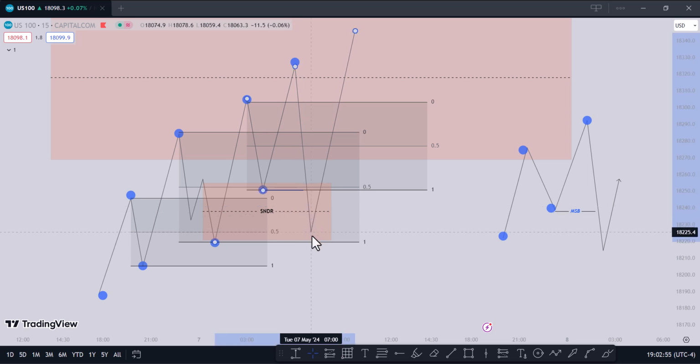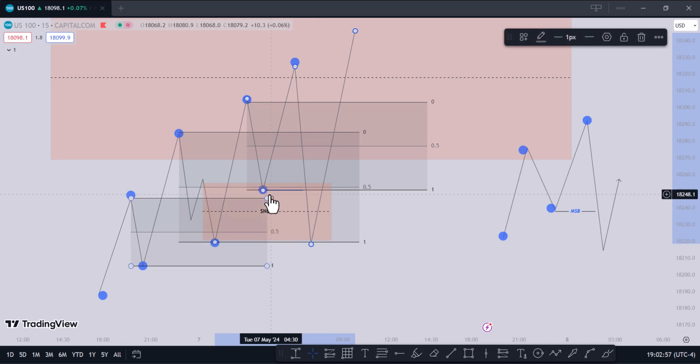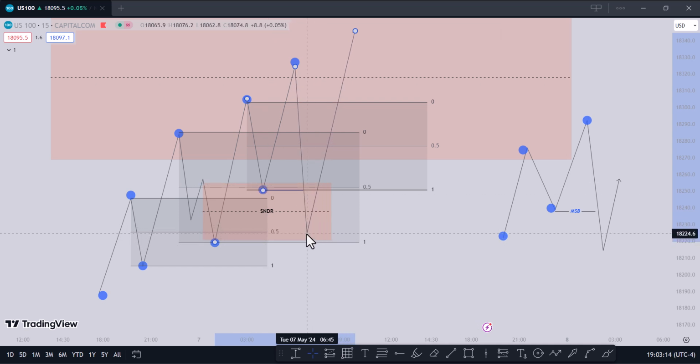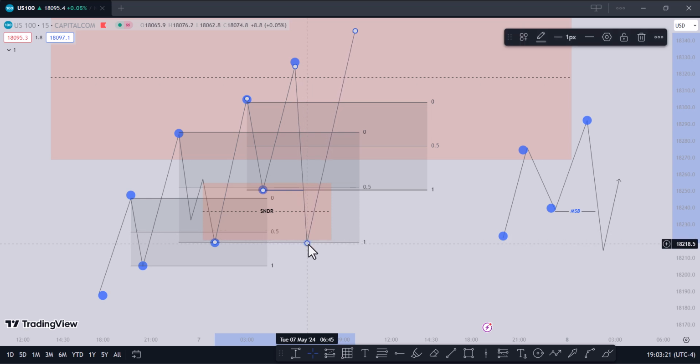Even if we have a wick right here, price closed below that protected low, all right? So this is done, right? We have that closure below the protected low, but price is unable to close below the SNDR. So here we have only wicks right here. This tells you that price is still facing support from this zone right here.